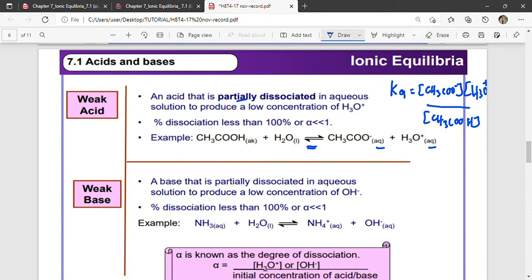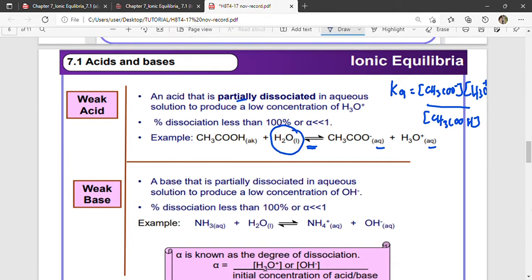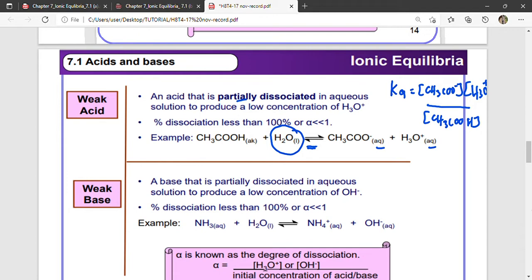Take note that we exclude the concentration of H2O since it is in liquid form. The phase is liquid, so it is excluded from the expression of Ka.